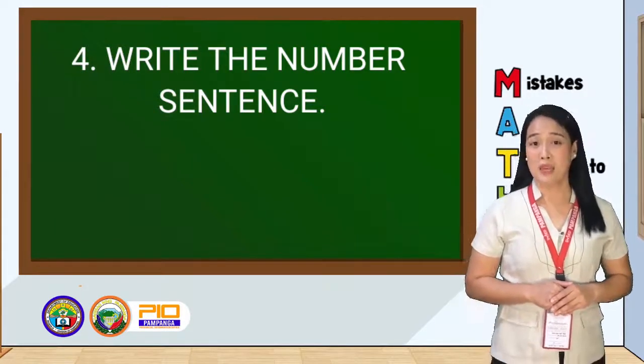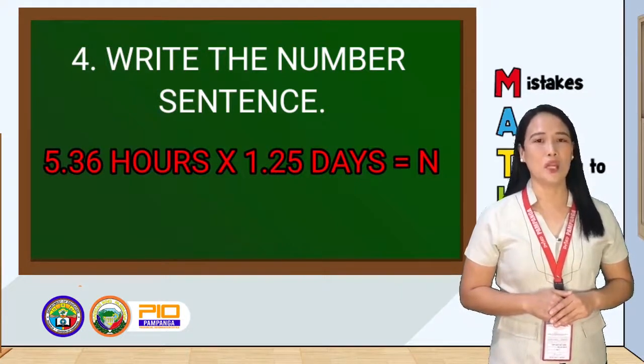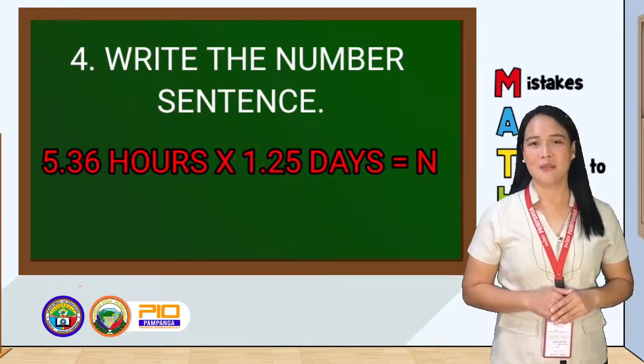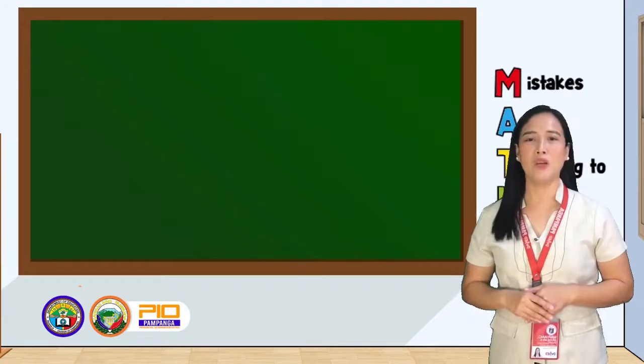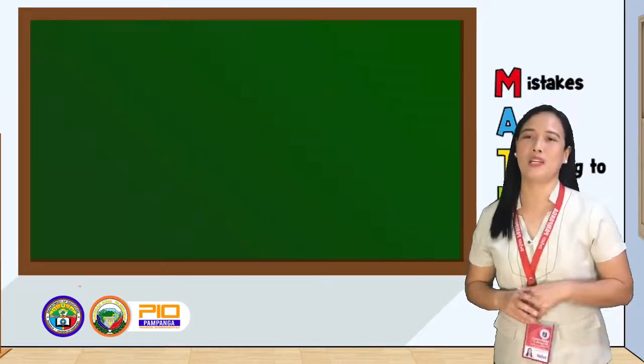Yes, it would be 5 and 3,600 hours times 1 and 2,500 days equals n. The following steps will help you on how to solve the problem. Let's take a look at them one by one.